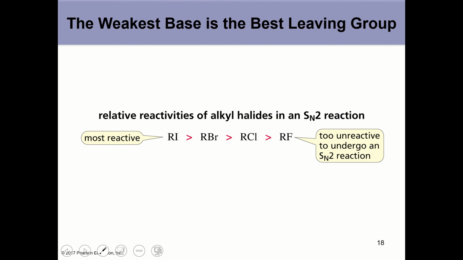Next, we'll talk about the weakest base being the best leaving group. So we talked about the alkyl halide itself, the carbon atom, the substitution of the carbon atom, and how that affects the rate of reaction.